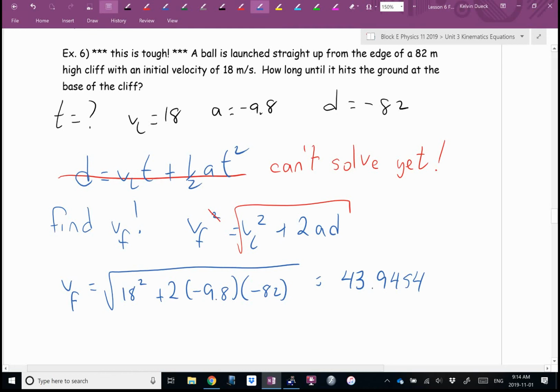Your calculators will always assume you want the positive answer. They just will. And so when you're doing this question, you're going to have to realize, wait a minute, this time I don't want the positive square root. I want the negative. And there is no way to tell that to your calculator except after the fact to add the negative. So you might want to make a note in your notes about that.